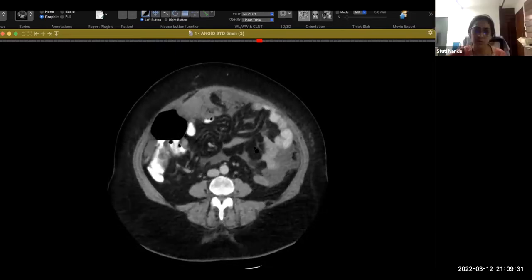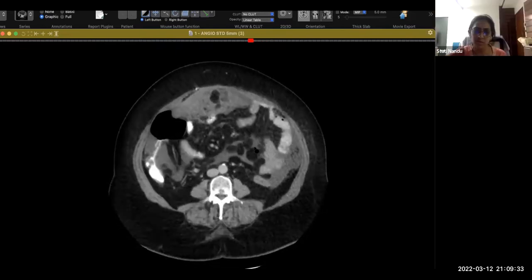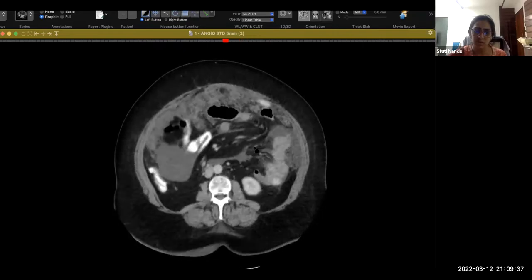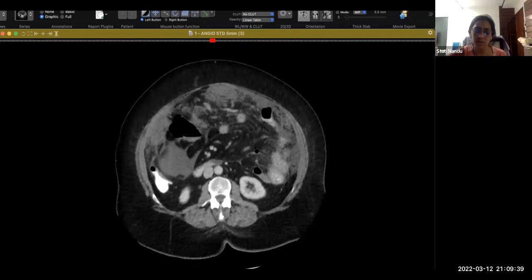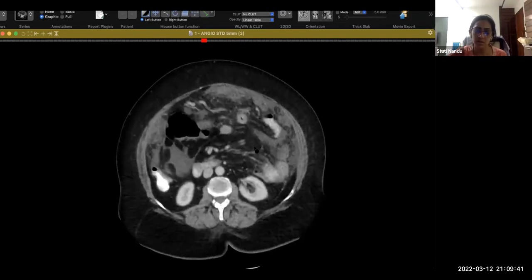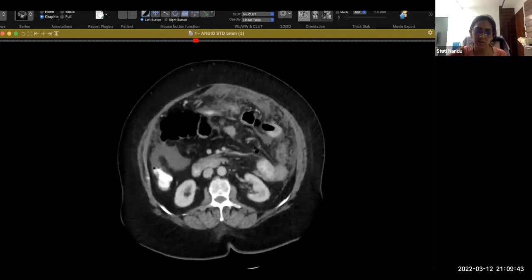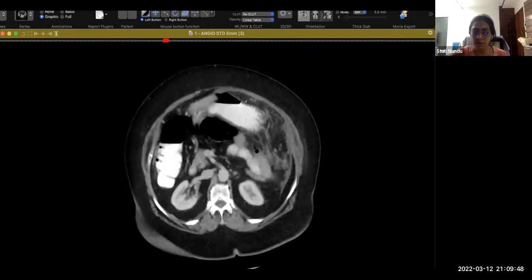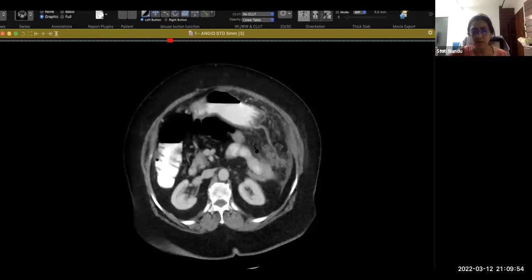I'm looking at the bowel and the mesentery. The bowel appears normal. There is omental caking seen throughout the scan. So in view of the omental caking, I'd like to, of course, correlate with the history of the patient.